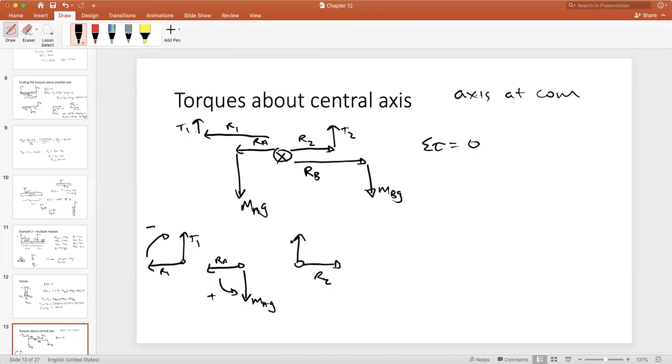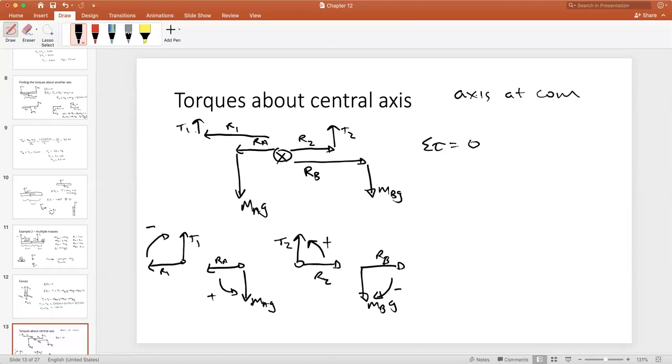A counterclockwise rotation is positive, and a clockwise rotation is negative. So you can see here, this torque, R1, T1, tail to tail, rotating R to T1 is negative.